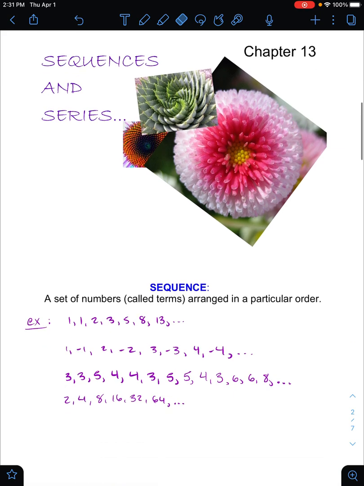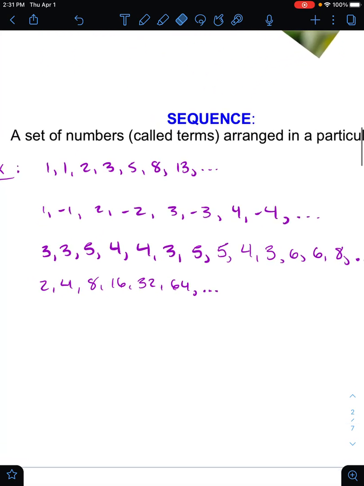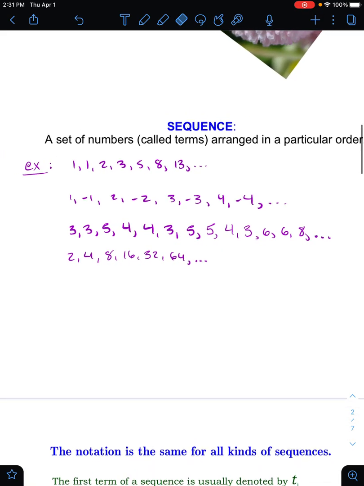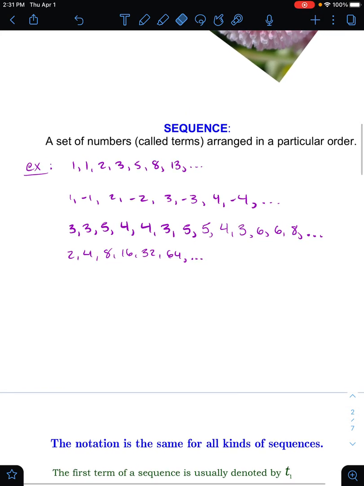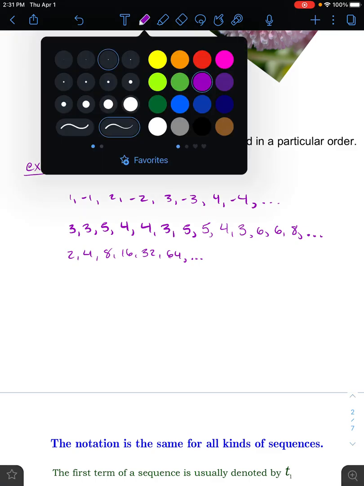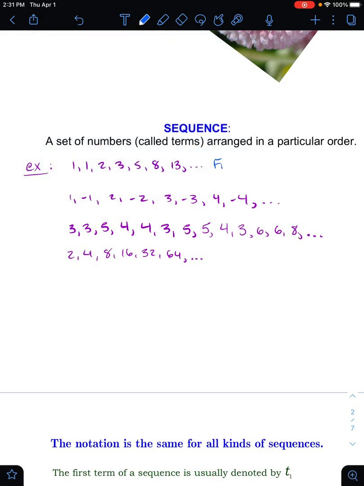So a sequence is just a set of numbers called terms, arranged in a particular order. So I've written some examples of sequences for you, one of which is our beloved Fibonacci sequence. The next are just some other sequences. Let's see here.